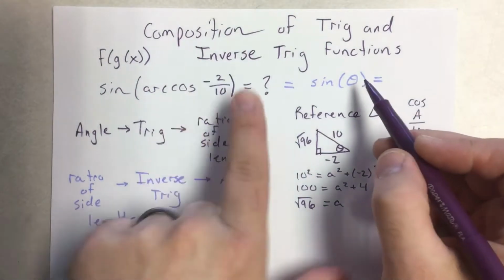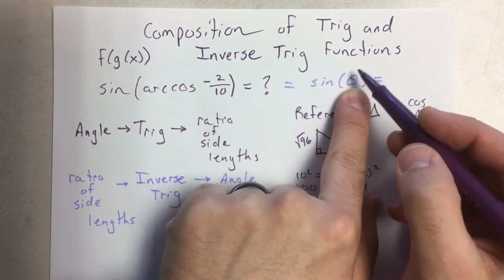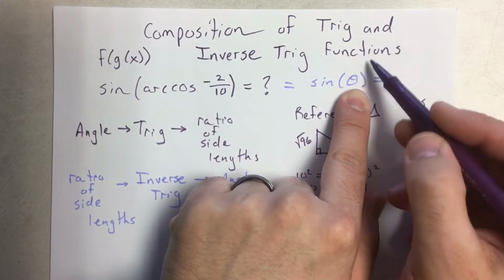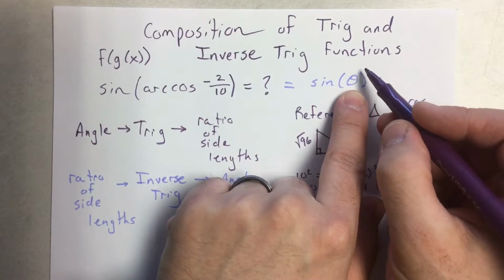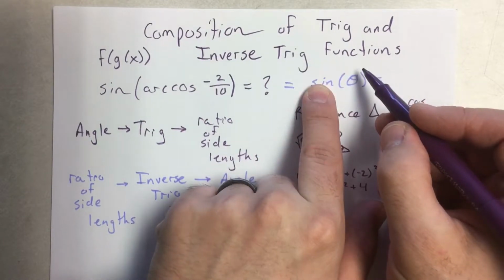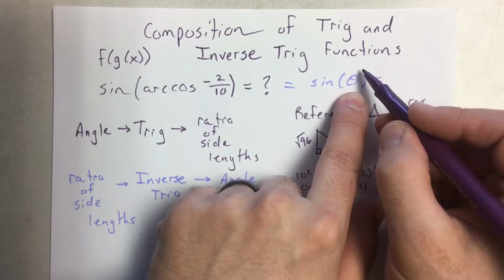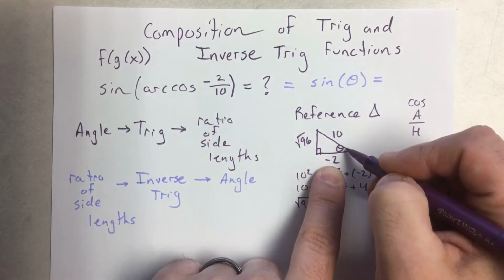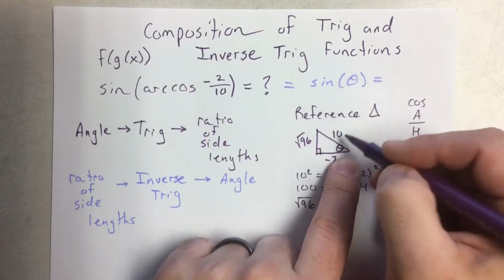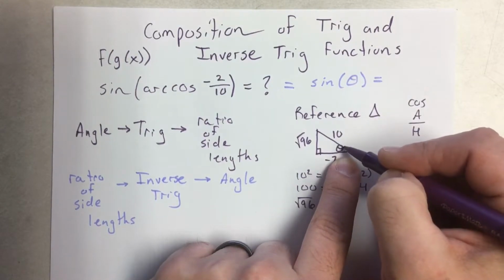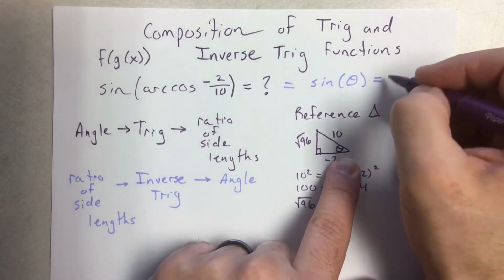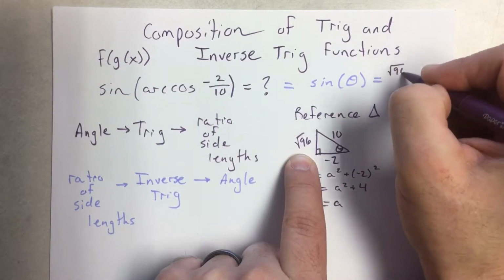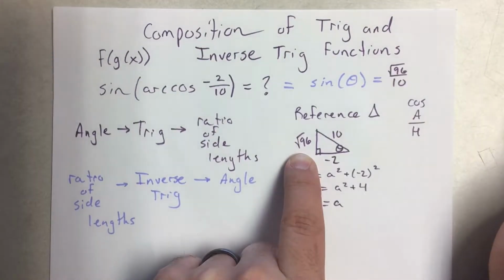So when we say that this is going to give us an angle measure, we don't know what it is, and that might present an issue for you. But it doesn't matter, because sine of an angle measure is opposite over hypotenuse, and from our reference triangle, we can see what that is. So sine of our angle measure, it's okay that we don't know what it is, because sine of this angle measure is square root of 96 over 10.